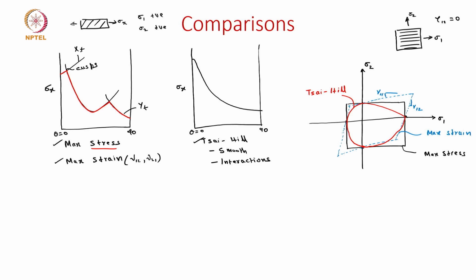For the maximum stress and strain, we see that there are cusps, but when we move to the Tsai-Hill, we have shown that it is a smooth curve. And here we see that in each quadrant it is smooth, but at the intersections there is a change in the slope. So with this, let's now move on to the last failure criterion, which is the Hoffman.